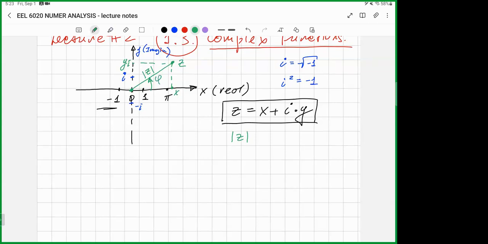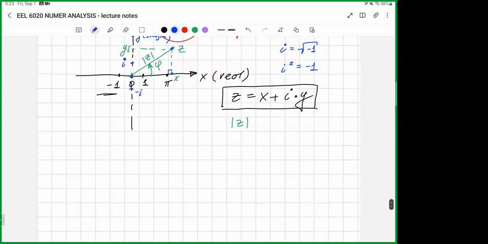On the other hand, by putting the perpendicular from the point z to the x axis, we get this right triangle with two legs, leg x and leg y, and the hypotenuse modulus z, right?